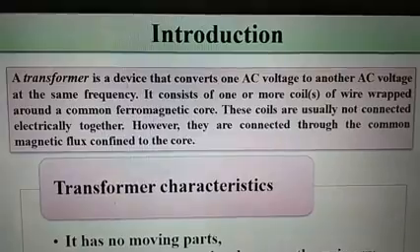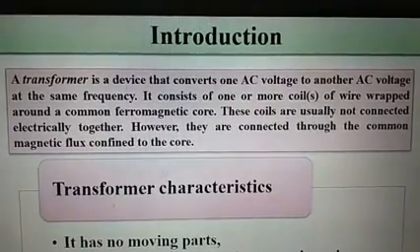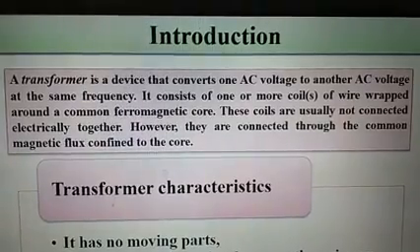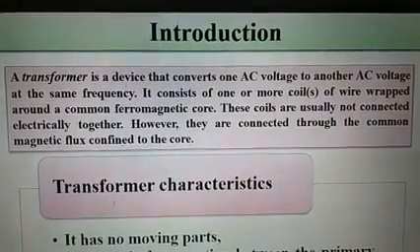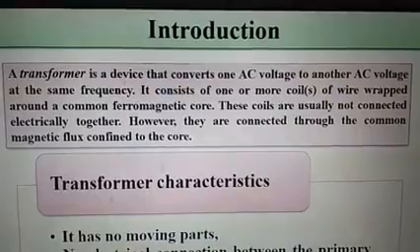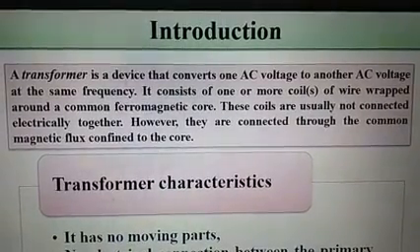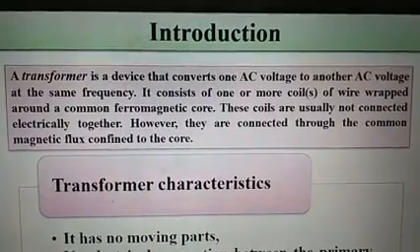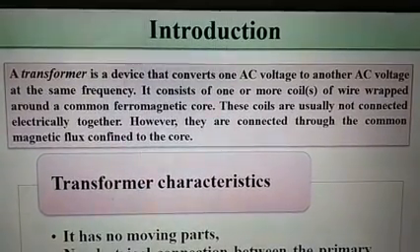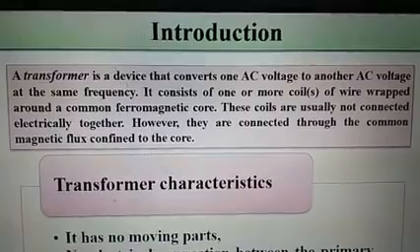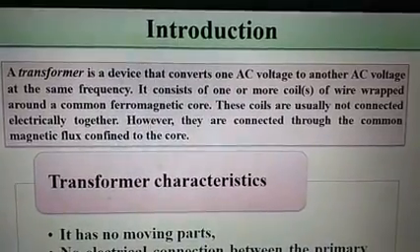It consists of one or more coils of wire wrapped around a common ferromagnetic core. These coils are usually not connected electrically together. However, they are connected through the common magnetic flux confined to the core.